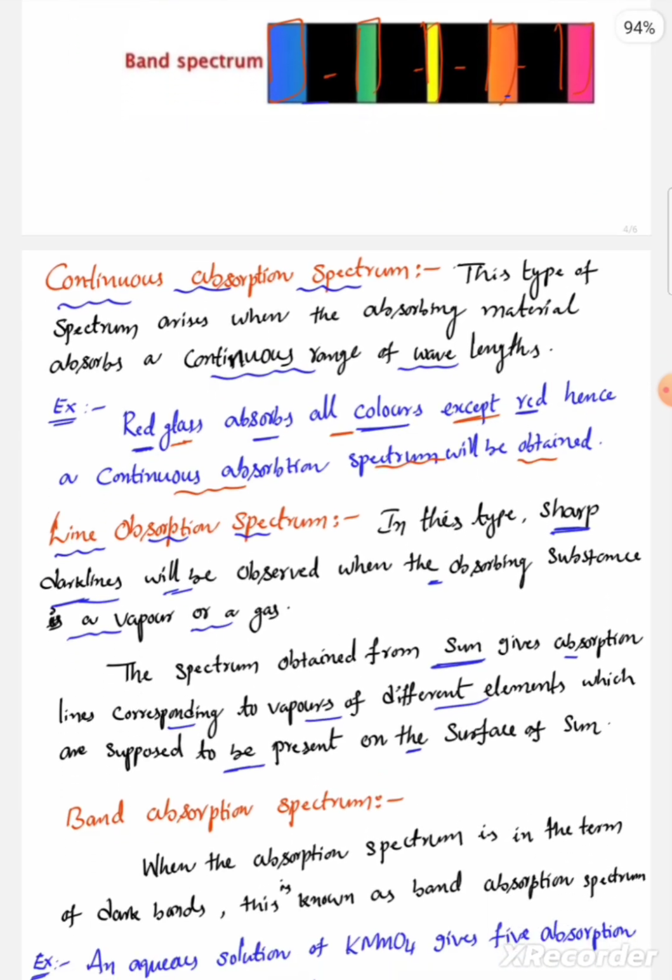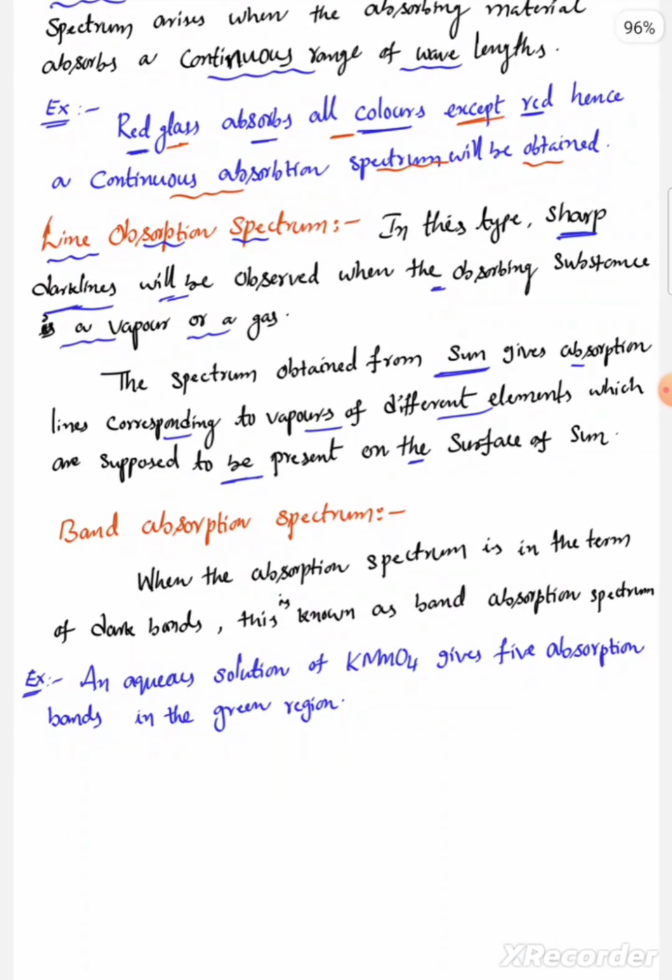Next, the band absorption spectrum. When the absorption spectrum is in the form of dark bands, it is known as a band absorption spectrum.